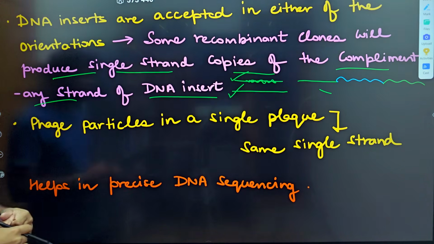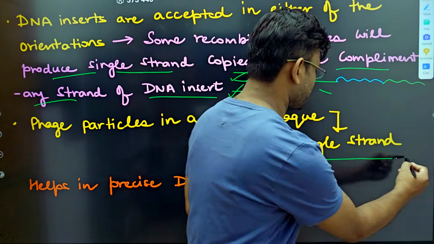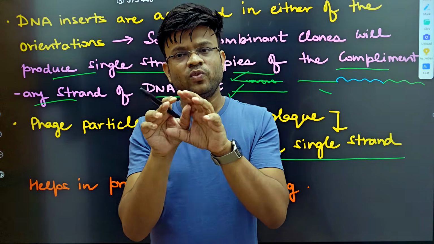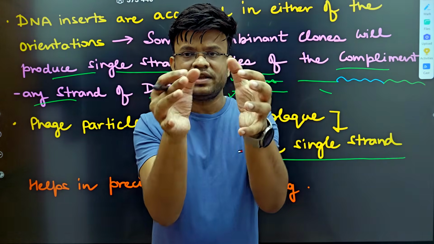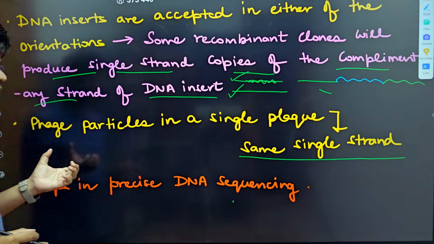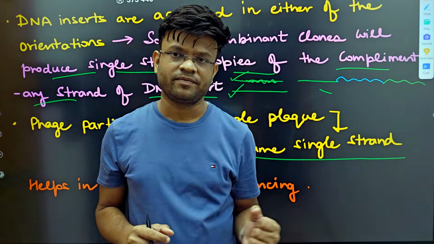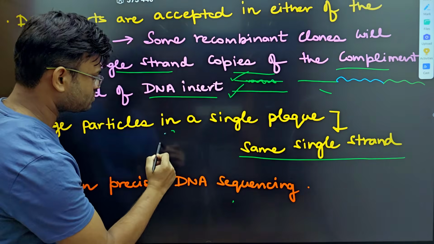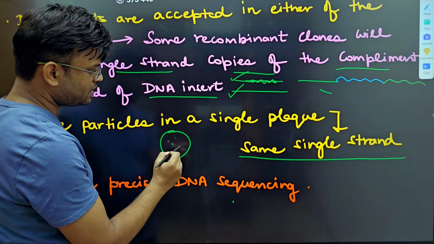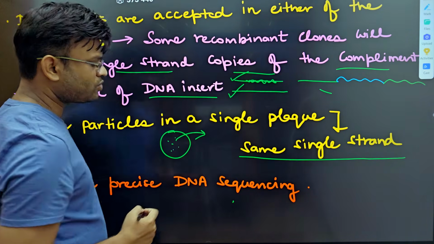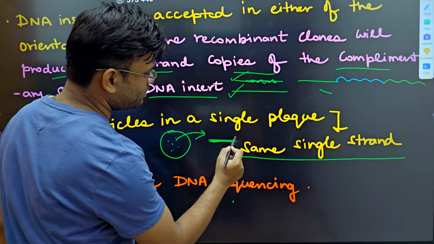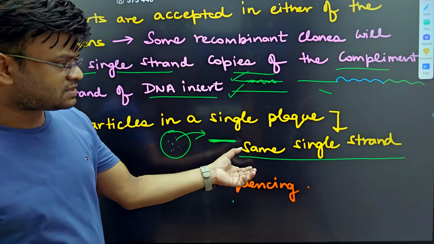Phage particles in a single plaque would have the same single strand. If you are talking about a single plaque, a single region where one group of bacteria would be present, all of these would be producing phage particles with a single kind of strand. So if this is a plaque and inside this plaque there are multiple bacteria producing M13 phages, all the M13 phages would possess the same single strand.